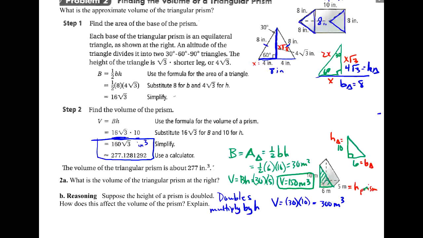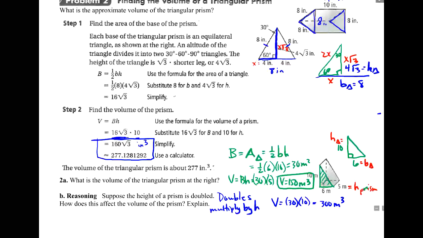Okay, we were asked, what is the volume of the triangular prism at the right? That tells us that the bases are the triangles. We can just look and see that, the two congruent parallel faces. So we know we need to find the area of the base. Area of a triangle is 1/2 base times height.